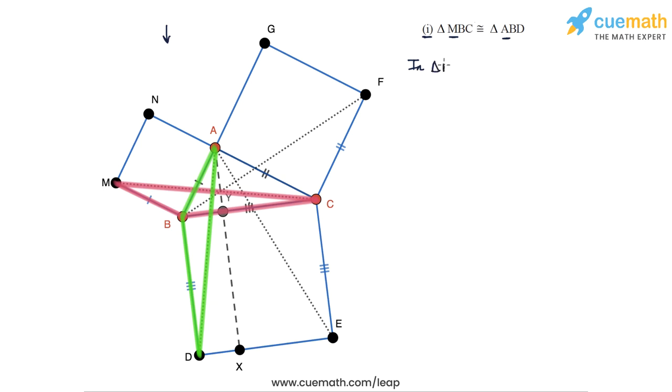In triangle MBC and triangle ABD, which corresponding parts can you see as equal? Well, MB from the first triangle is equal to AB from the second triangle because these two are sides of the same square ABMN.